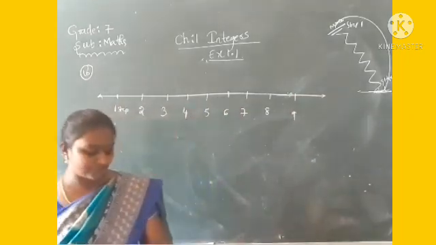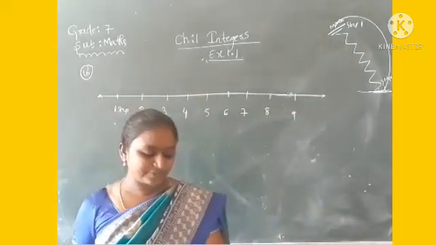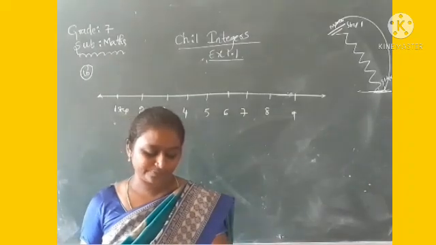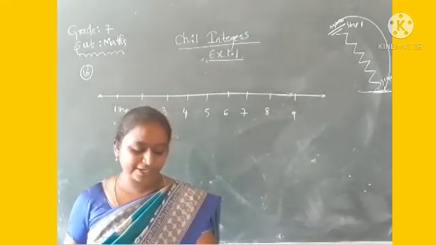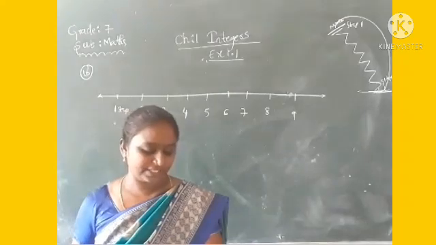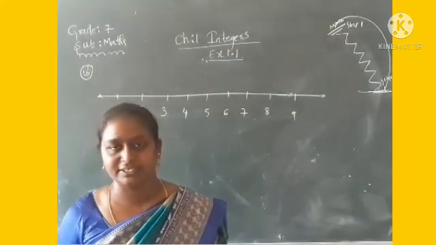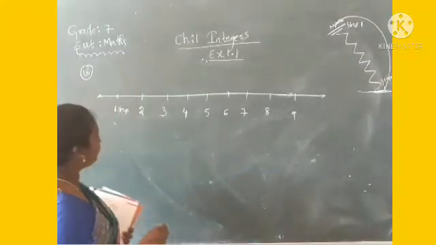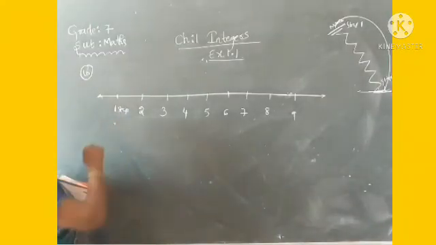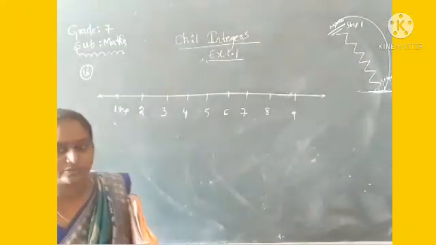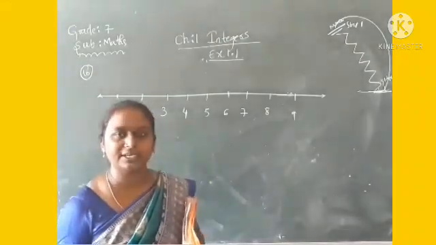In the question, what is given? He jumps 3 steps down and then jumps back 2 steps up. In how many jumps will he reach the water level? So that's what I said just now. How many jumps does the monkey have to make to reach the water level?